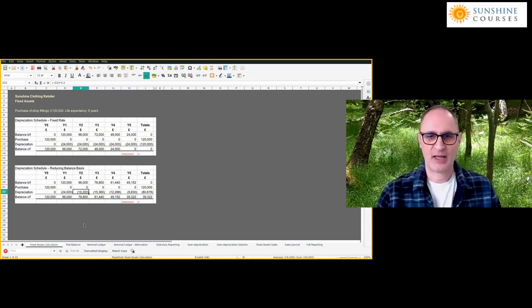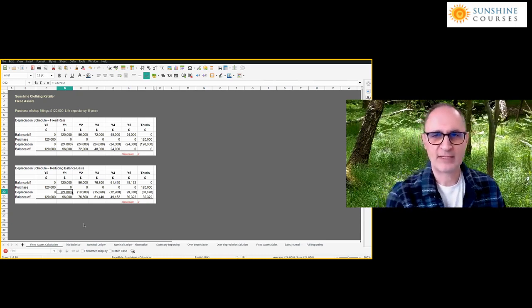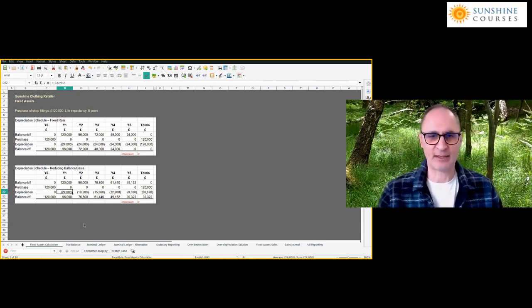And then what you're doing with the reducing balance basis is you're apportioning the costs in a fairer way against the revenues, so that if you have a fixed amount of sales every year, you're going to get a much more even spread of costs. And that reflects the reality in some businesses better.